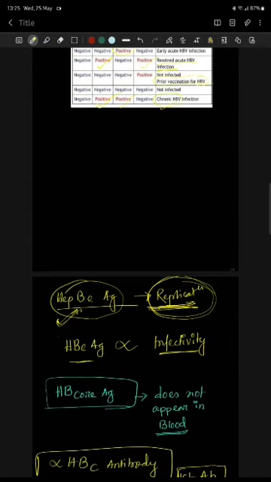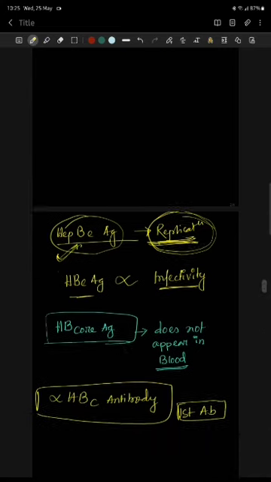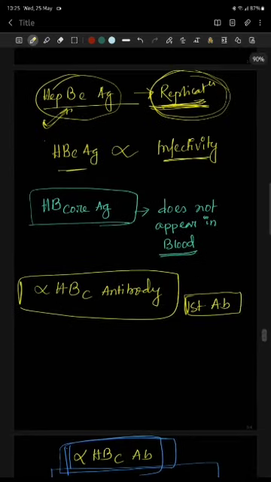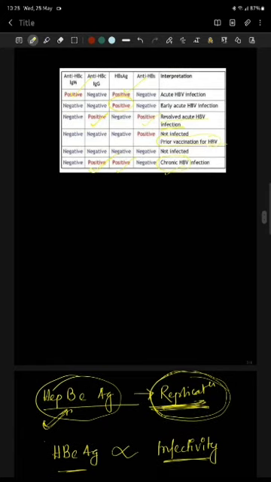And for the antibody, the important antibody, the first appearance of the antibody is the anti-hepatitis B core antibody. Okay, remember that point, not the surface antibody, it is the core antibody.